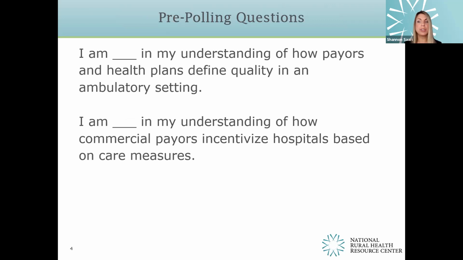We have 2 pre-polling questions that we would like you to answer today before we get started on today's session. Please pull up the first polling question. I am confident to unconfident in my understanding of how payers and health plans define quality in an ambulatory setting.